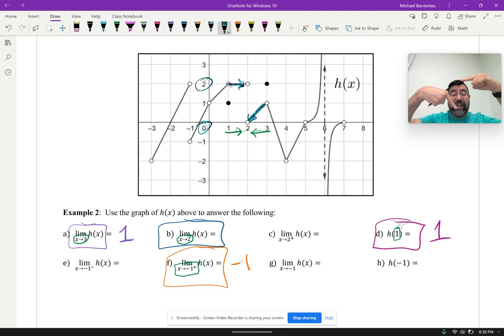Are they going in towards the same destination? No, my fingers are not going to meet. So if the left side coming towards the right and the right side coming towards the left are not pointing towards the same thing, then it does not exist.